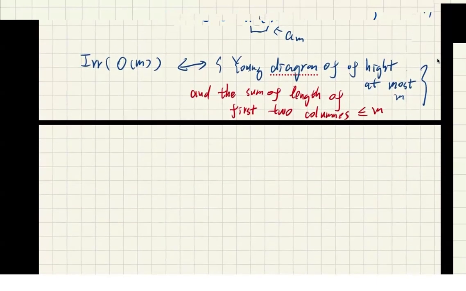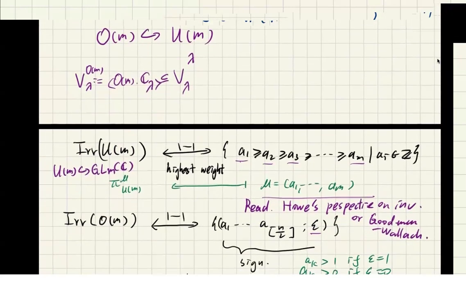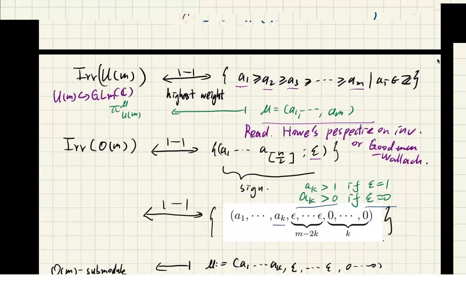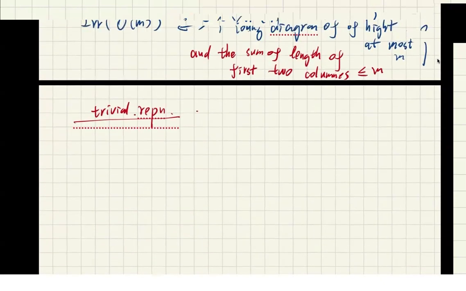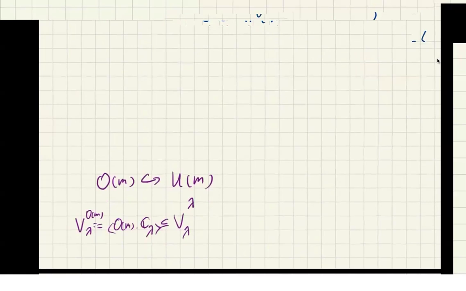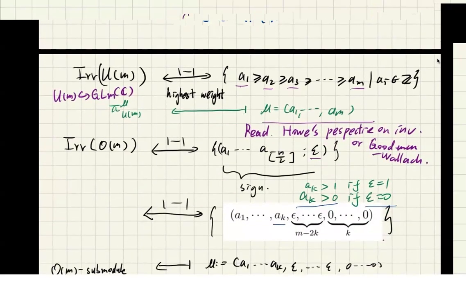Okay, so for example, the trivial representation has highest weight 0, 0, 0, 0, right? And epsilon is 0. So this just corresponds to the empty diagram. And the sign representation has k equal to 0, all epsilons are 1.